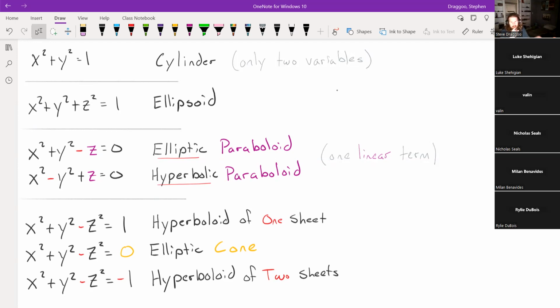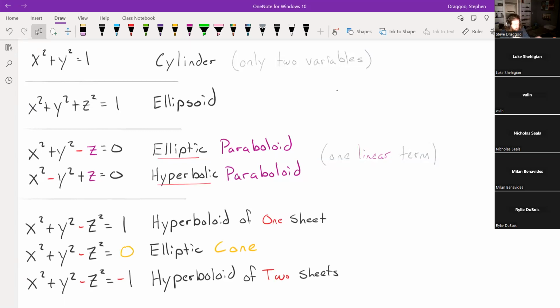But when it comes to the super fancy definition that we're going to start using in Calc 3, because we don't want to make things easy, we're going to claim that a cylinder can have any kind of base. The only thing that's important is that there's one direction that's independent in the equation.